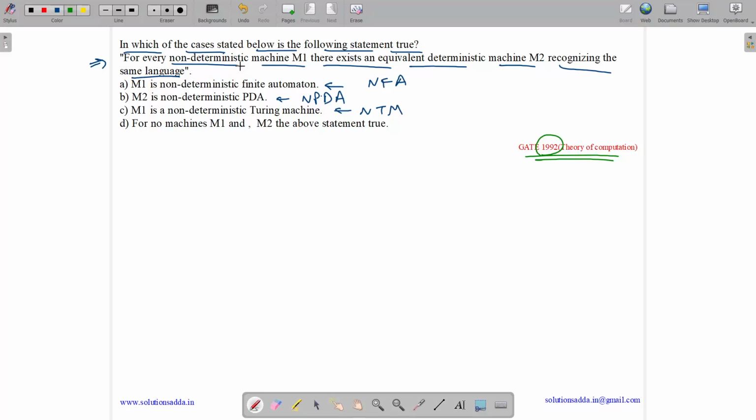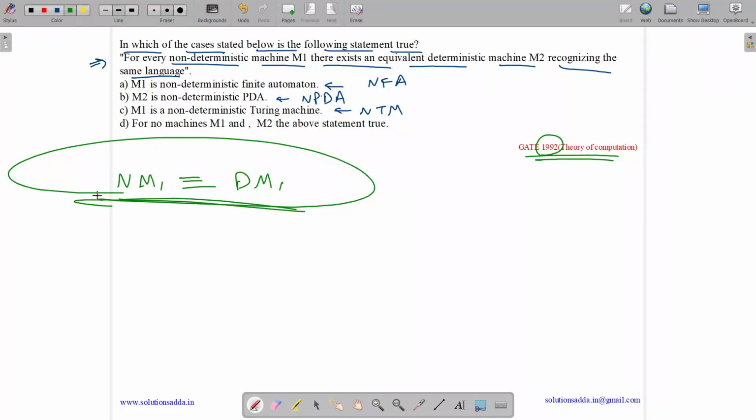So in which case can we say a non-deterministic machine NM1 is equal to its deterministic equivalent DM1? This means if these are equivalent, then for every NM1 we can get a DM1 and for every DM1 we can get a NM1. This happens only when their power is the same.